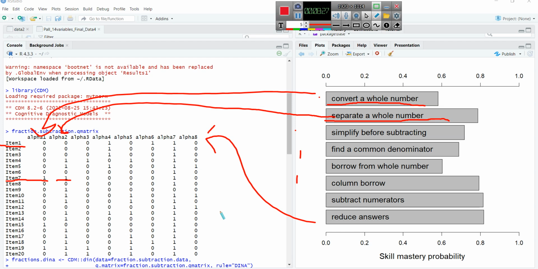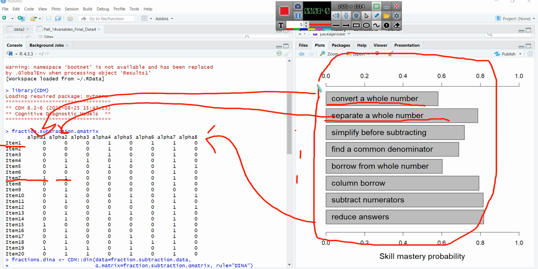So through these thinking aloud processes, we find out which skills from those already specified by the expert panel are required for answering each item.